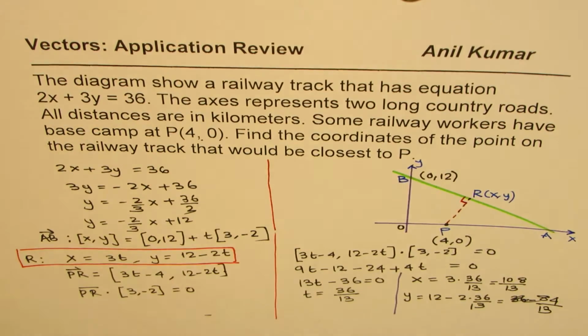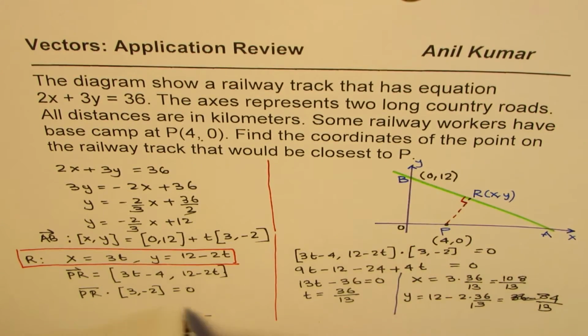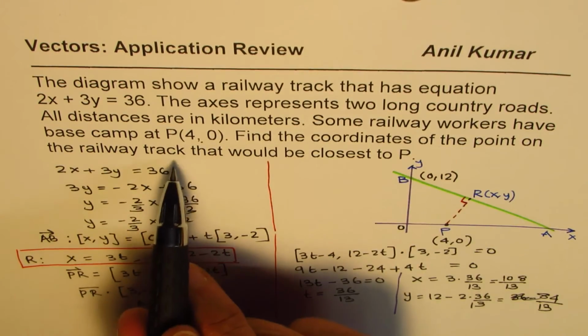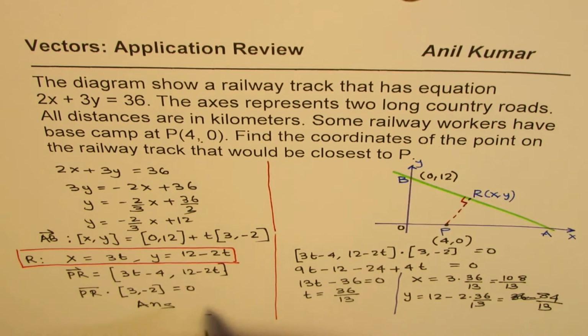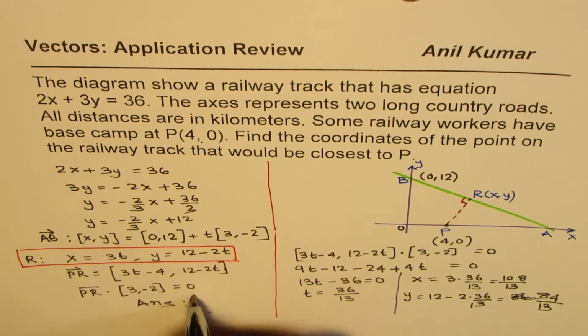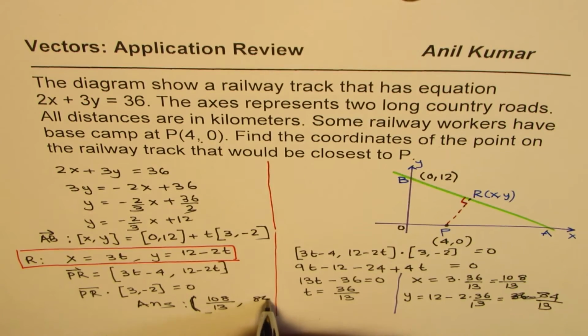So the coordinates of R, our answer to finding the point on the railway track closest to P, are x equals 108 over 13 and y equals 84 over 13.